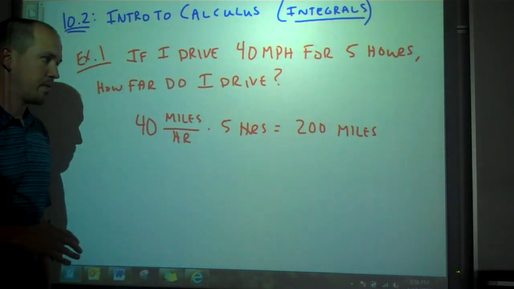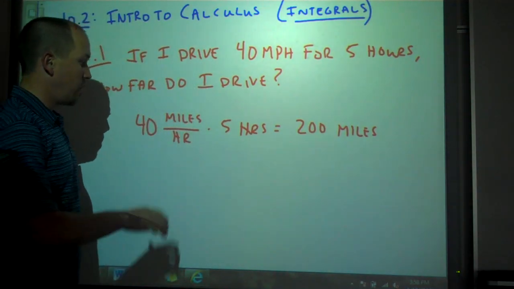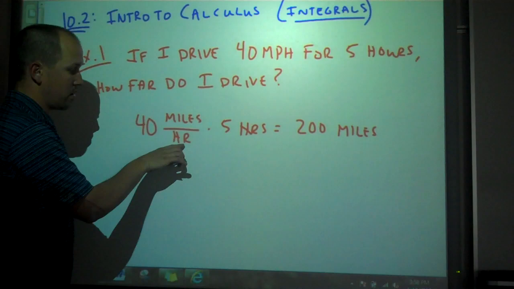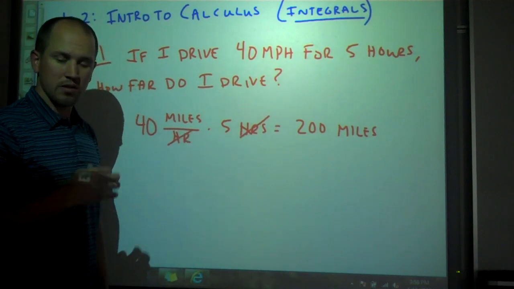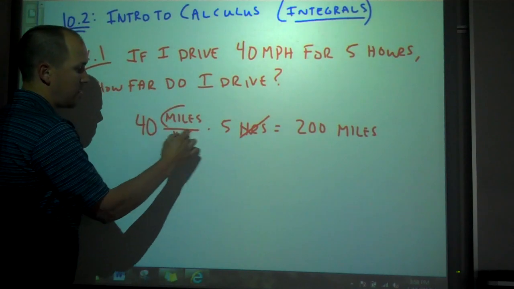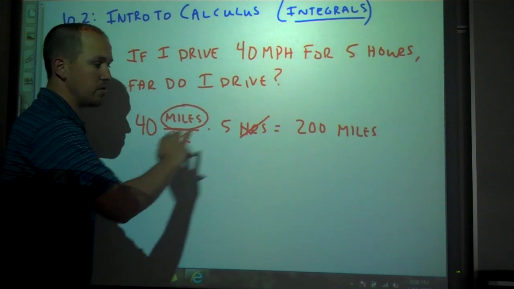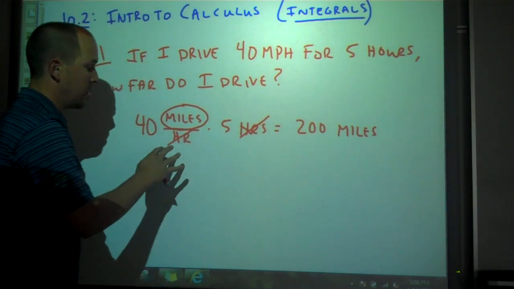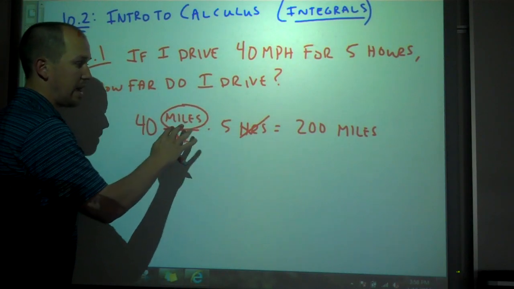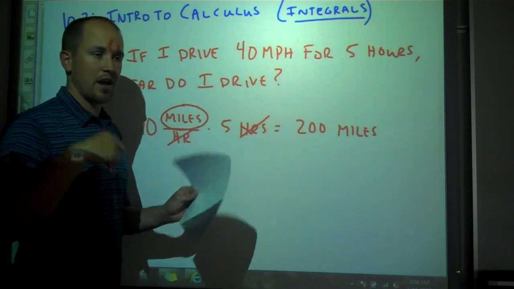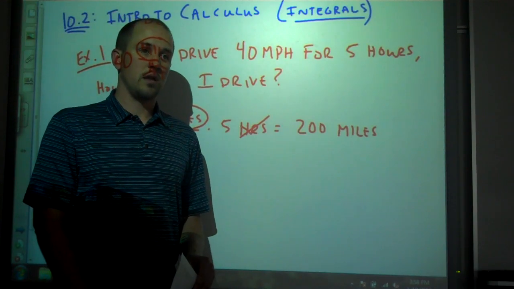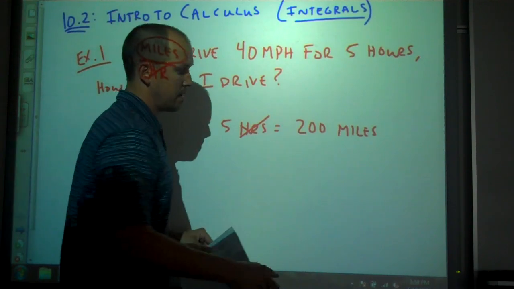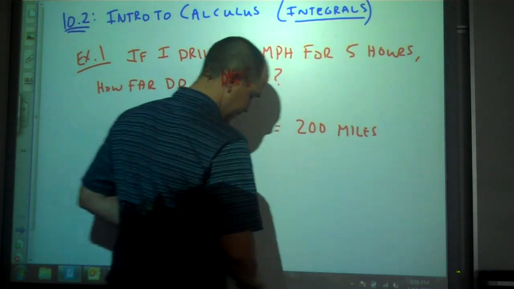Before I go on with this, a quick note is units. When I'm multiplying miles per hour times hours, the hours cancel out, and I'm left with the units on my answer. So if I'm multiplying miles per hour times hours, I know my answer is going to be in miles.